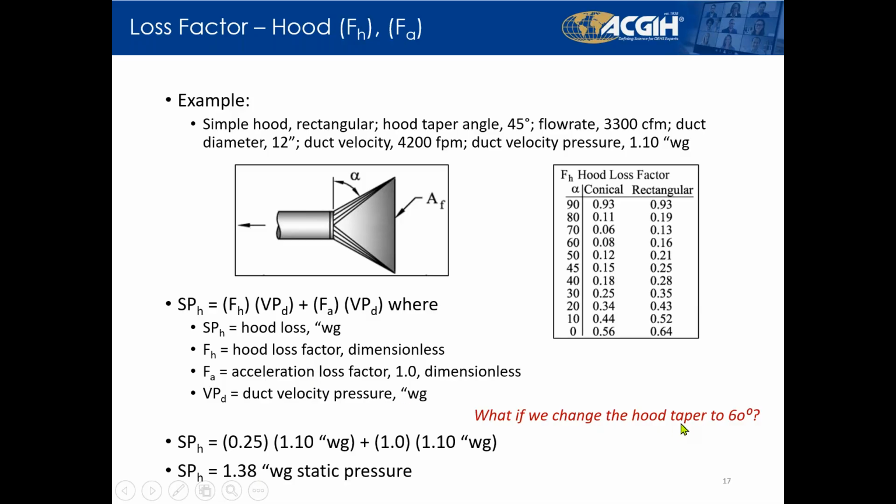Now, what if we change the hood taper angle to 60 degrees? If we change this hood taper angle from 45 to 60, then our F sub H changes from a 0.25 for a 45-degree taper to a 0.16 for a 60-degree taper. This value changes, and our hood static pressure changes accordingly.